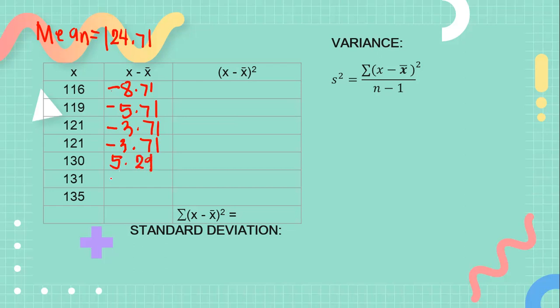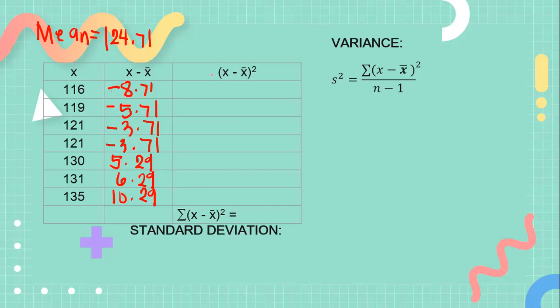And 131 minus 124.71, okay, 6.29. Then for this part it is 10.29. Okay, now let's proceed to our next column.